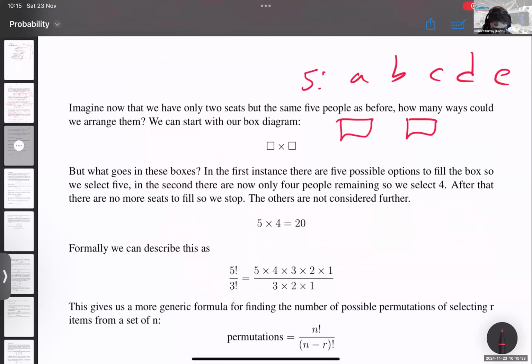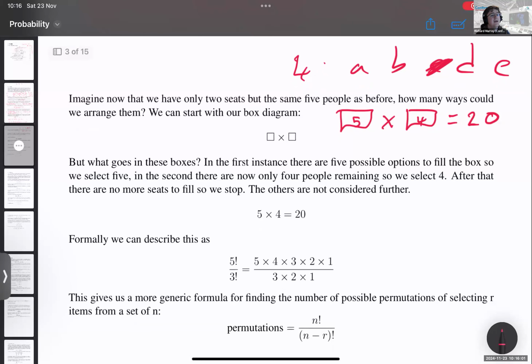So there's going to be 5 options to populate this first box. Once we've removed one person at random from our set, in this case, let's say it's person C, we have 4 people left in our set to select from. We stop here because there's only 2 positions that need to be filled. So we would see that from 5 people, there are 20 ways to select 2 people.